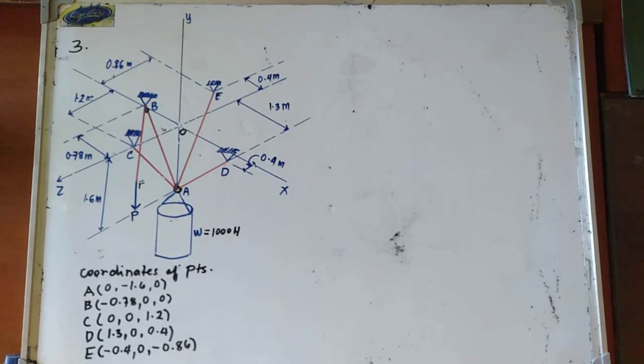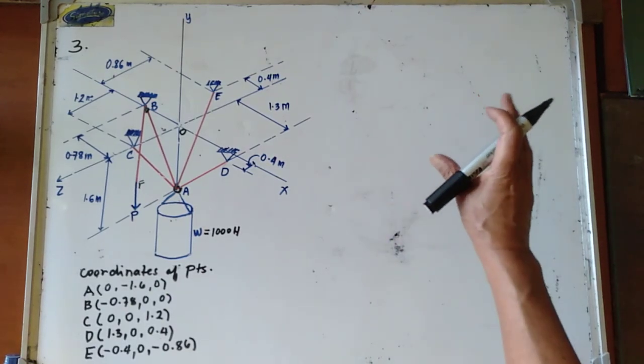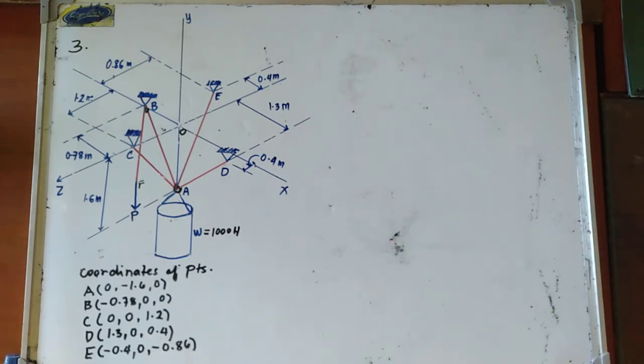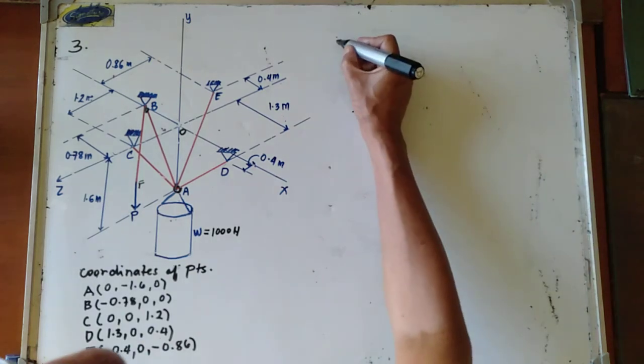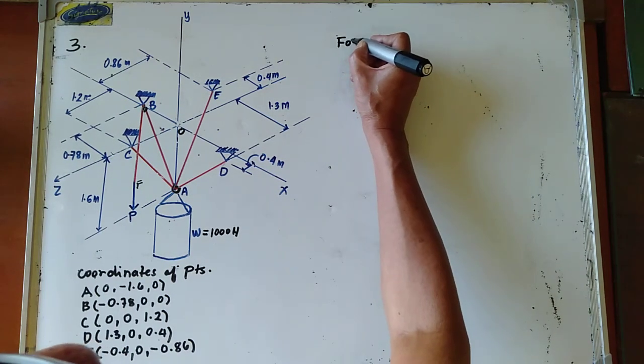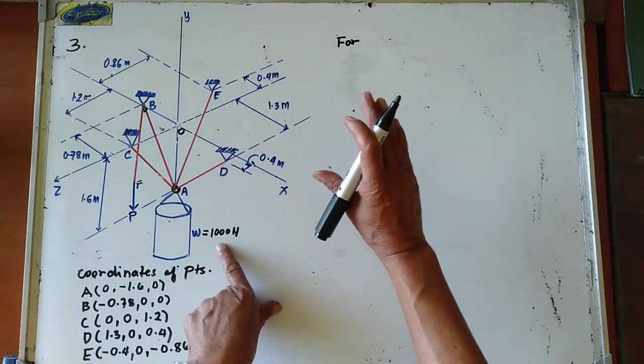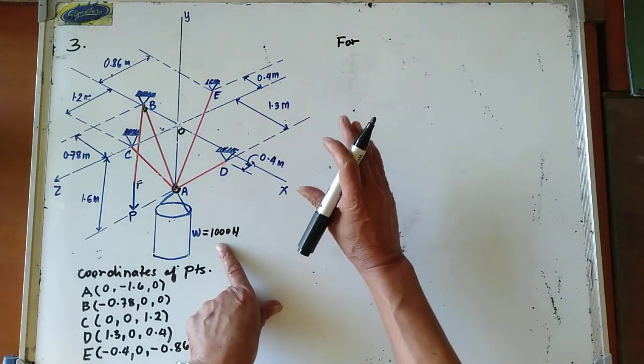Now, let's express the forces as shown in the free body diagram before in Cartesian form. I'm going to start with W. Look at the free body diagram.